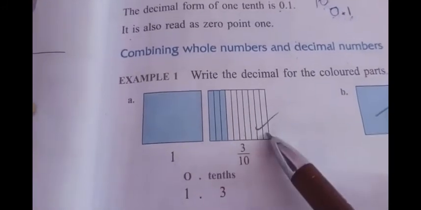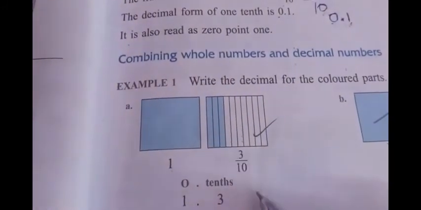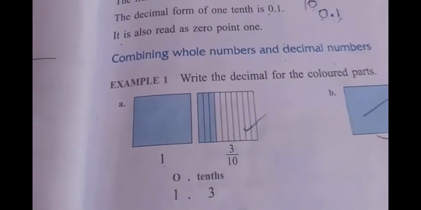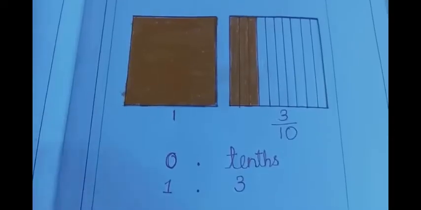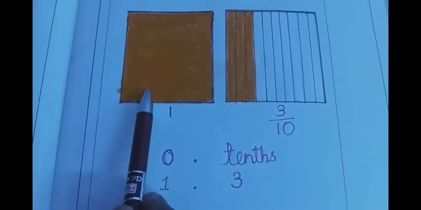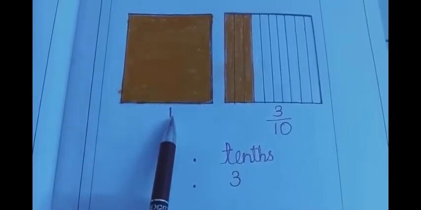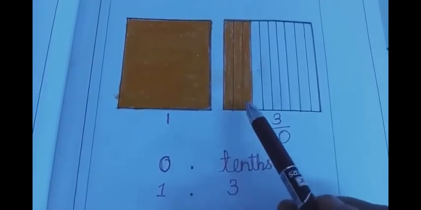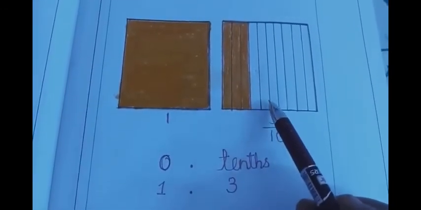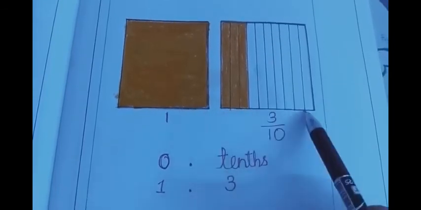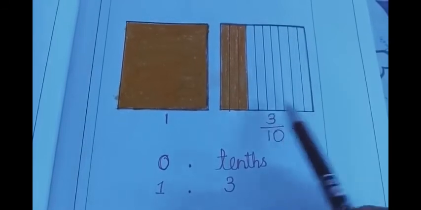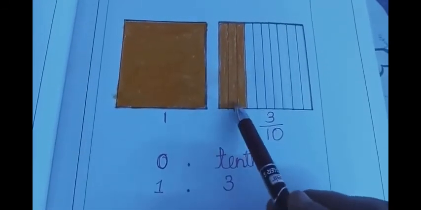In the equal 10 columns, 3 are colored. So shall we see it in the rough note? See, one full box is colored, means it is 1, one whole part. 10 columns are there in one full box. In the 10 columns, 3 are colored.